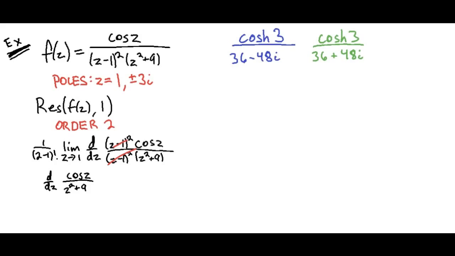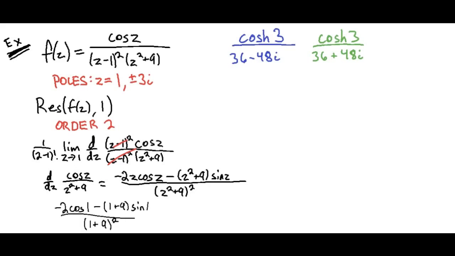To take the derivative of this package here, we use the quotient rule to get negative 2z cosine z minus z squared plus 9 sine z, over z squared plus 9 squared. I'm going to plug in z equals 1 directly into this package. We get negative 2 cosine of 1 minus 10 sine of 1 over 10 squared. We can divide through by 2 because that's a little easier to look at.